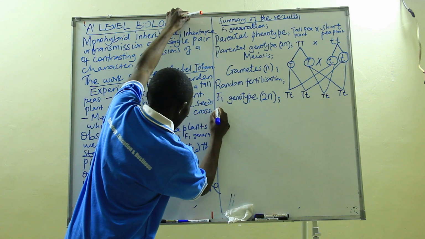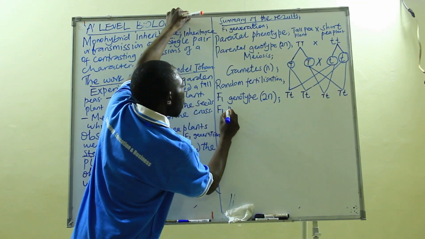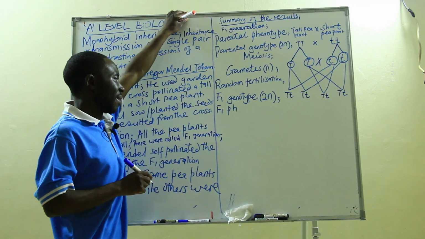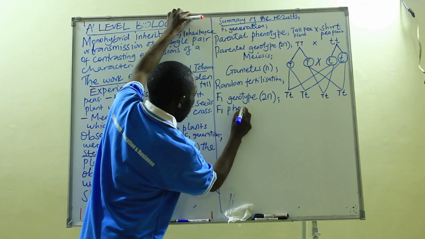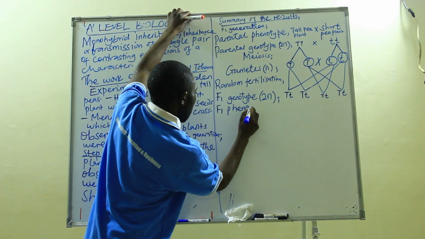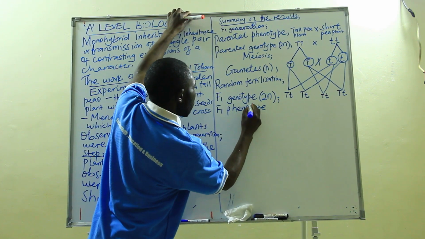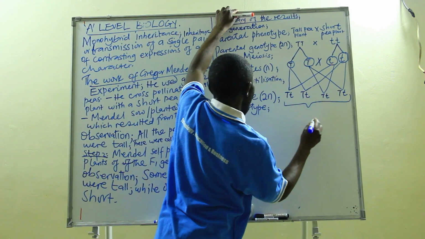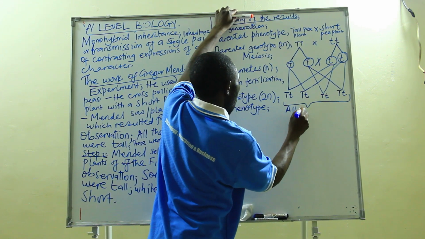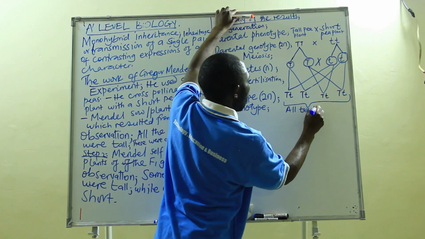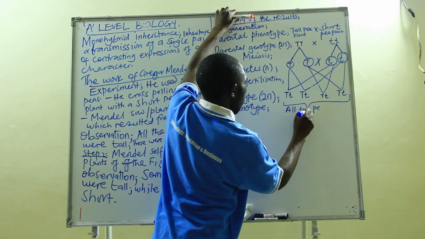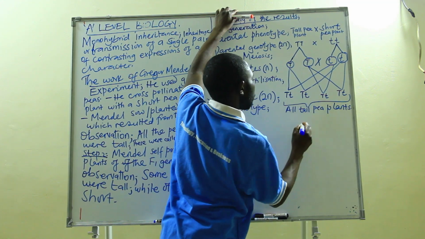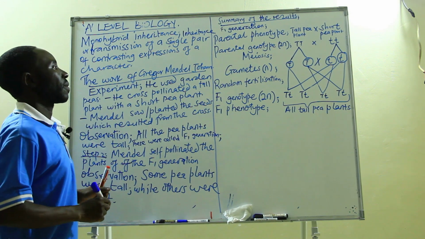So F1 phenotypes, how do they look physically? All these offspring are tall. So we say all tall pea plants.